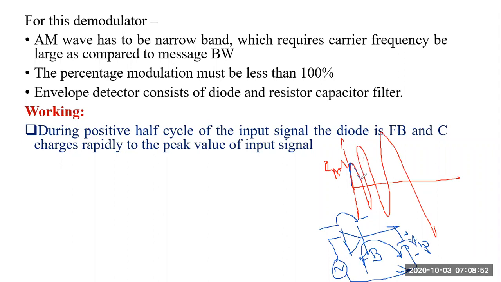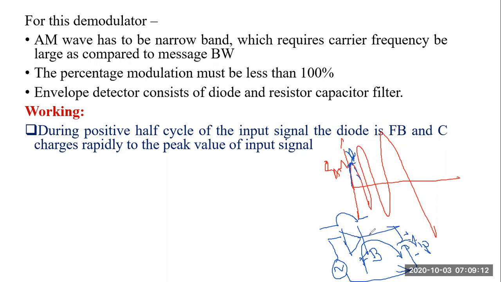So when the input is decreasing here, what happens to this diode? Here the voltage across the capacitor has reached the peak, its maximum value.